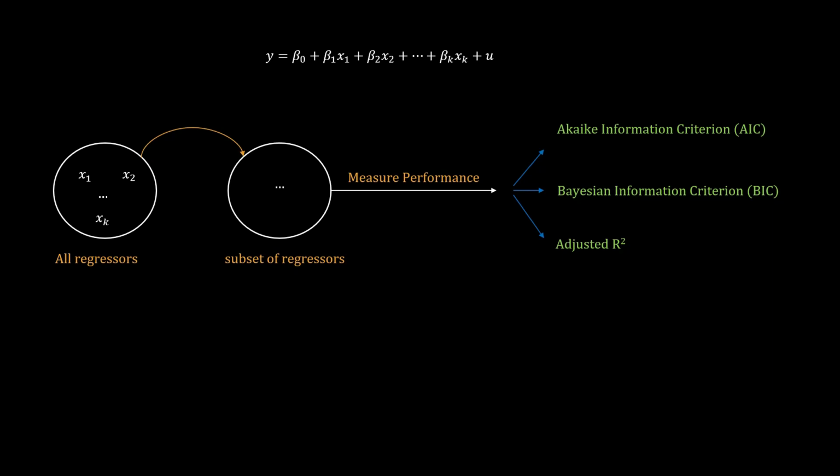But if there are k regressors, we can create 2 to the power k different subsets of regressors or models, which practically is not possible if k is large. Instead, there are 3 different classical approaches that we can use to select the best predictors.